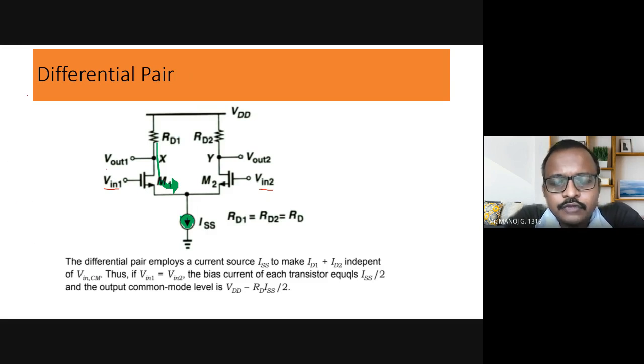What would be the value of current which is flowing through M1 transistor? Ahatyan, the total current is ISS. So what would be the value of current that is flowing through M1 or the left hand half of the differential circuit?